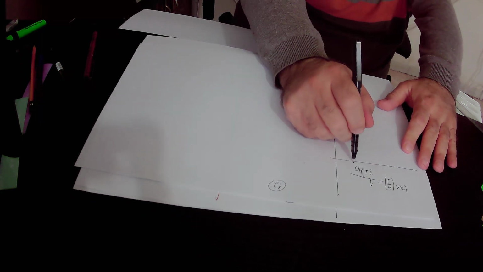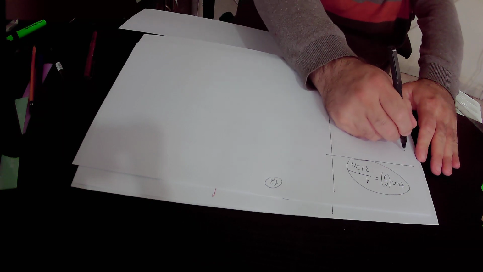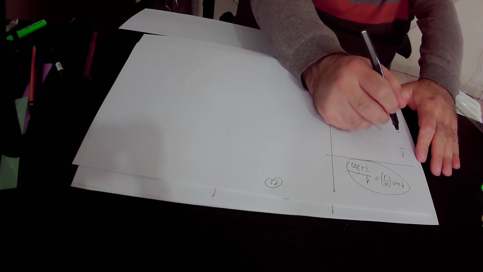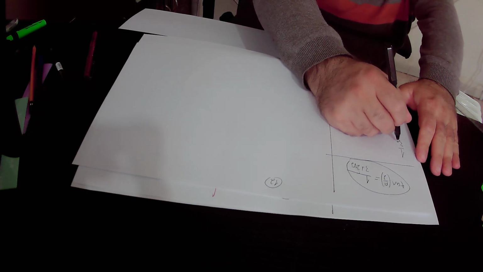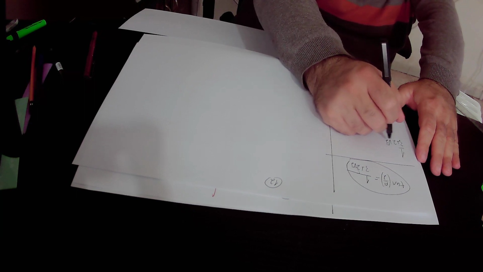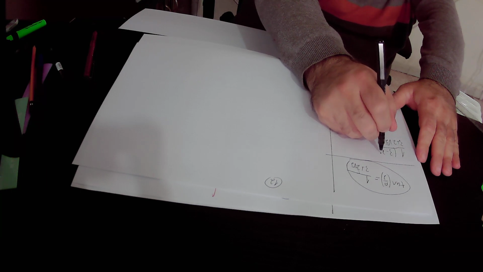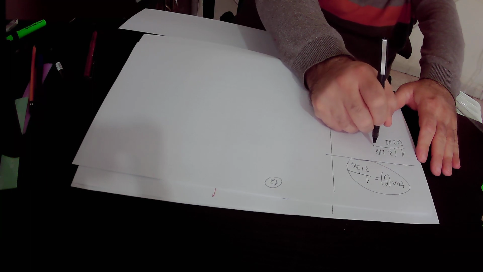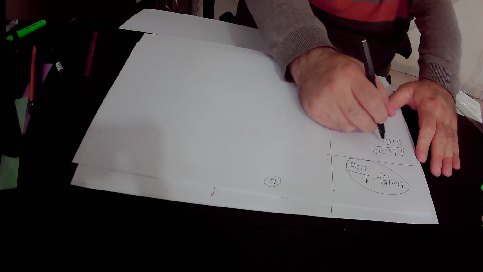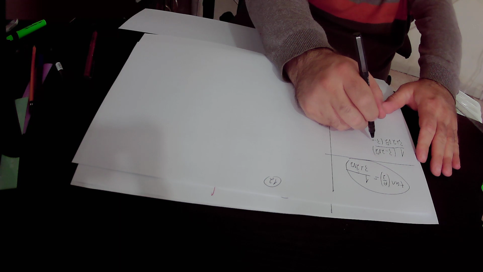So here we take this expression of 1 over 3 plus 2 times square root of 2, and we will multiply it by 3 minus 2 times square root of 2, and then we will divide it by 3 times 3 minus 2 times square root of 2.